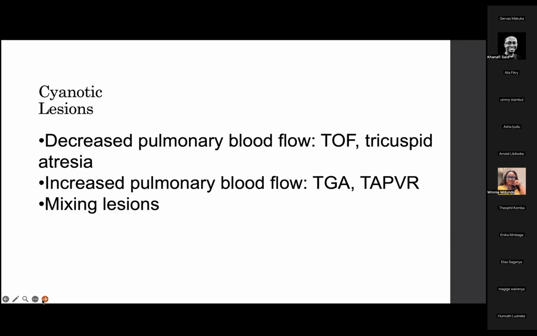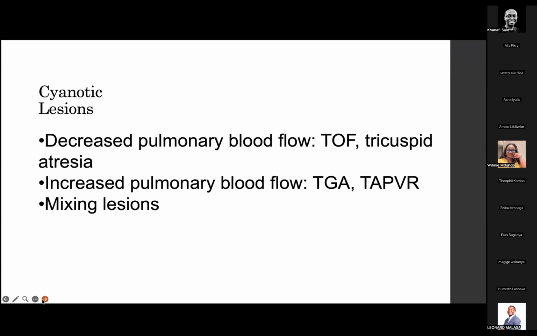Now, how I remember this is I remember the numbers 1, 2, 3, 4, and 5. 1 is one big vessel, truncus arteriosus. 2 is transposition of great arteries because there are two arteries; the aorta switches with the vena cava. 3 is tricuspid atresia because there are 3 valves in the tricuspid valve. 4 is tetralogy of Fallot because there are 4 conditions which we'll talk about later that are mixed with tetralogy of Fallot.